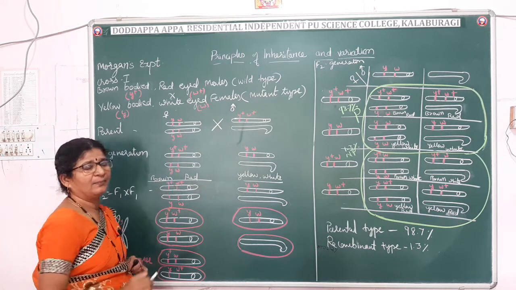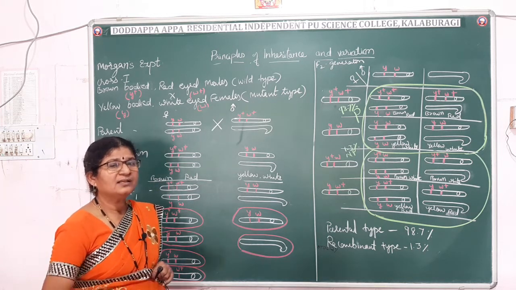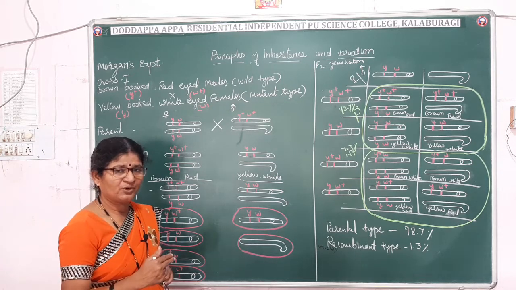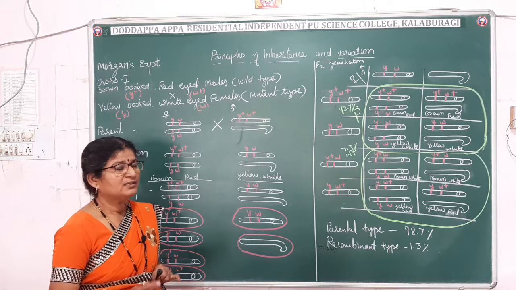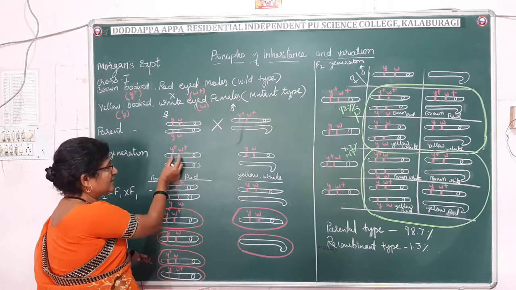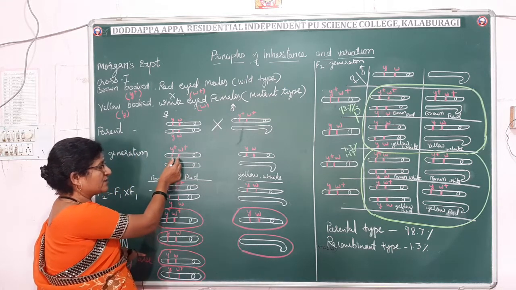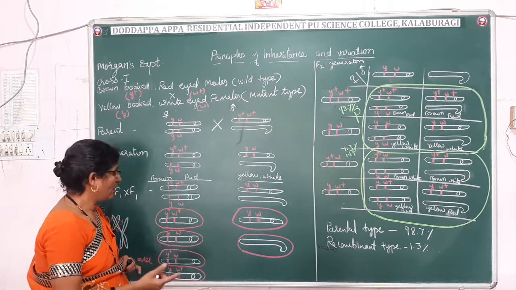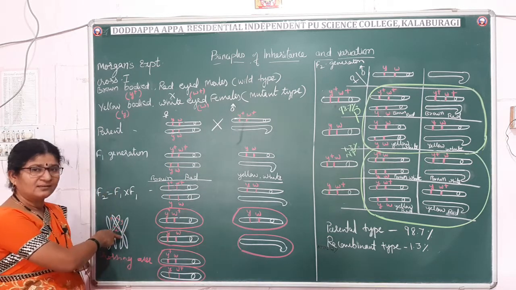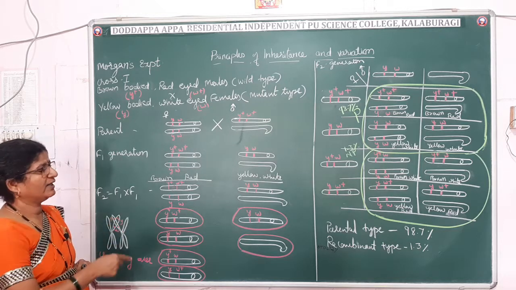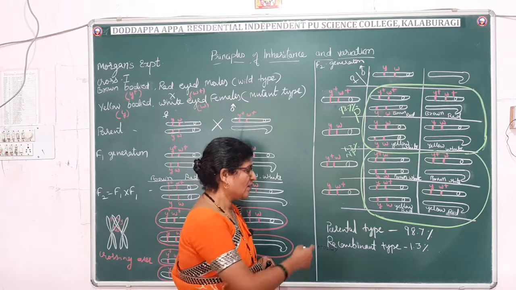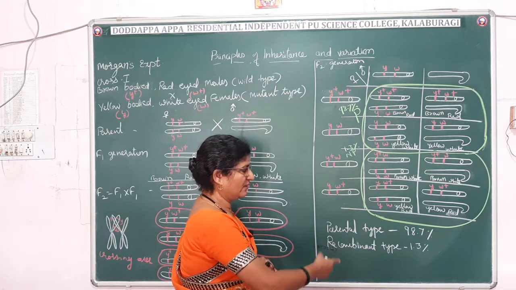So the chances of separation of these genes during meiosis is very, very less. So here the linked genes are present closer together. So the chances of separation during the meiosis formation, or you can say during the crossing over, is less. That is why we will get very less non-parental varieties, or you can say recombinant variety.